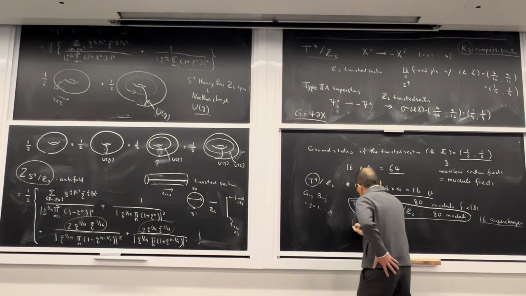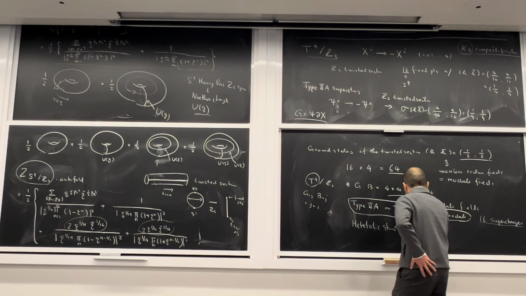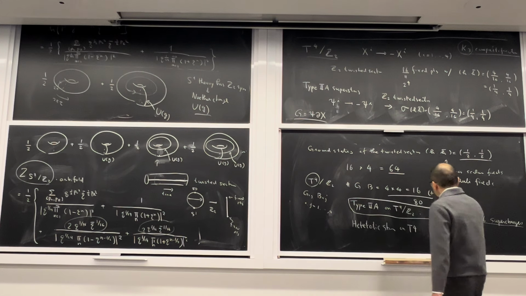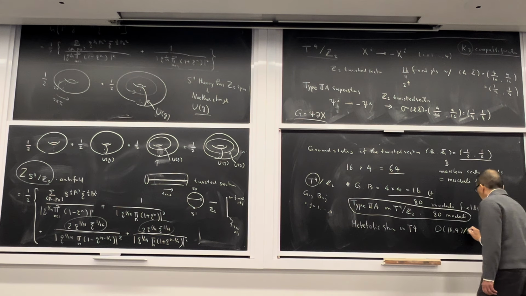But you can also consider the heterotic string on T4. This is given by the Narain compactification that I mentioned earlier. So it is O(20) over O(16,4) divided by O(16) and O(4).